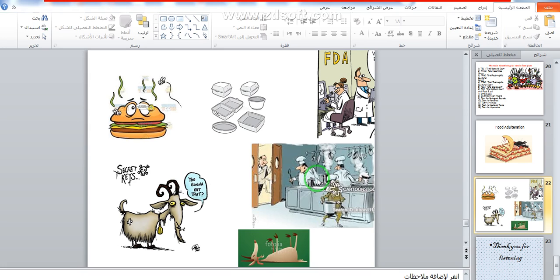Rule number 4, if the food product is produced by a diseased animal or dead animal, not by slaughtering. Rule number 5, if the food container is composed of a poisonous substance.